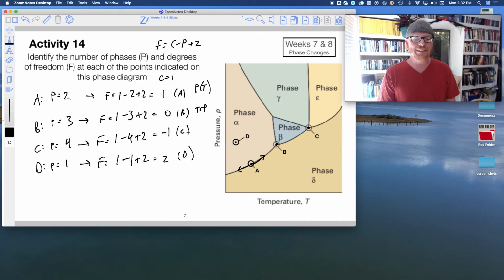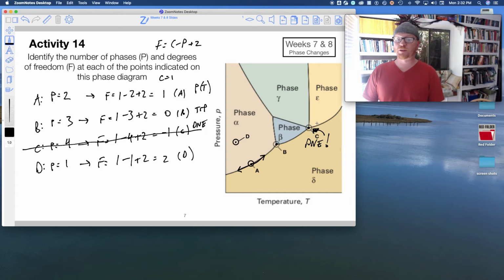What about this point C? Well, you might be thinking, is that a quadruple point? And no, this thing is fictitious. It cannot exist, DNE, does not exist. I told you this was a fictitious phase diagram.